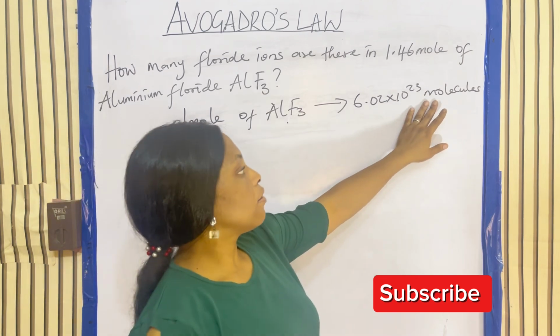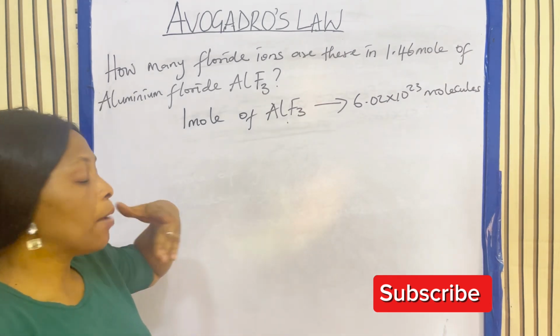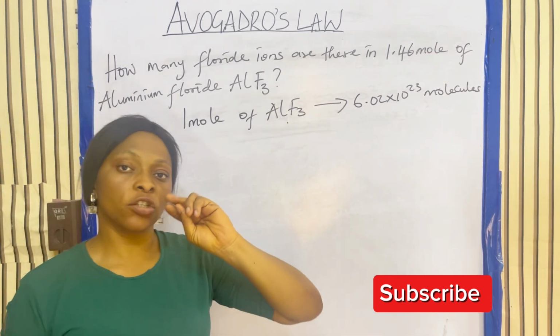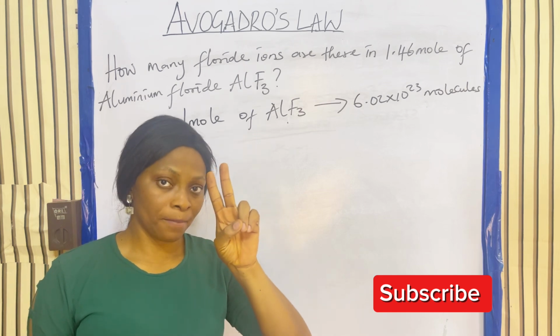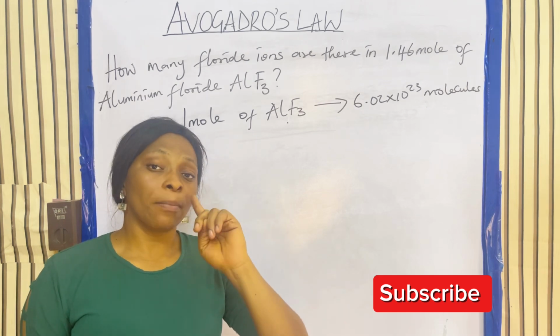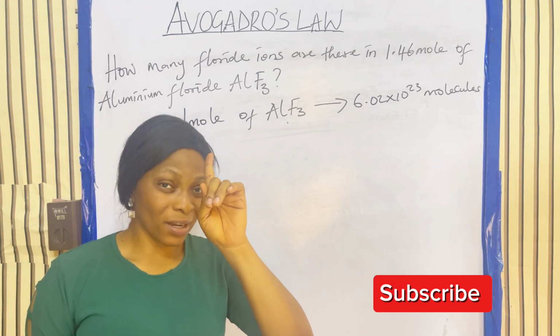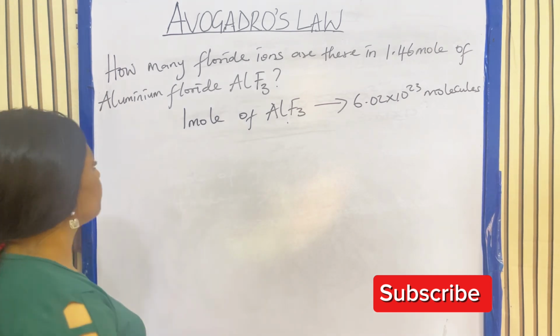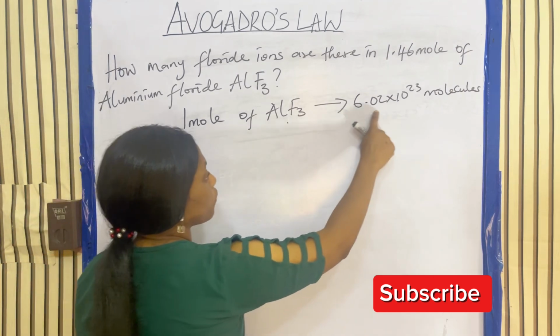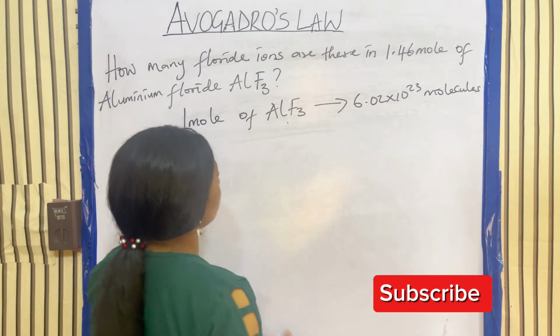So, what is a molecule? Basically, a molecule has to do with a combination of 2 or more elements. But when you are talking about an atom, you just know that you're talking about one element.